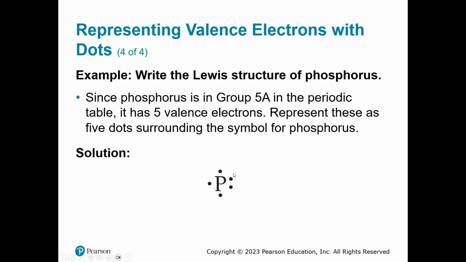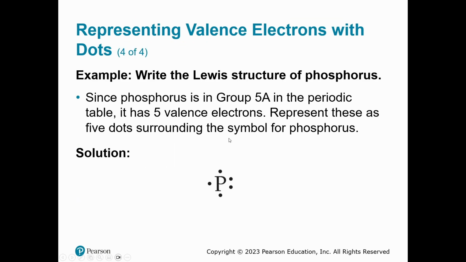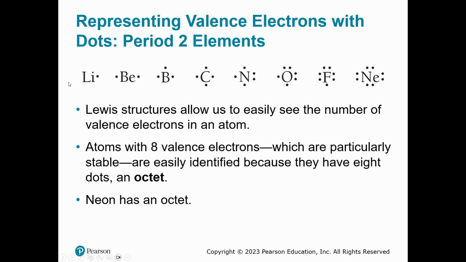What you'll notice is that phosphorus, which is in the same group as nitrogen, has an identical Lewis structure. This is because elements of the same group have the same number of valence electrons. And so every element within a group will have the same Lewis dot structure. So if you memorize these 8 Lewis structures, you now know all the Lewis structures for every element in the main group.